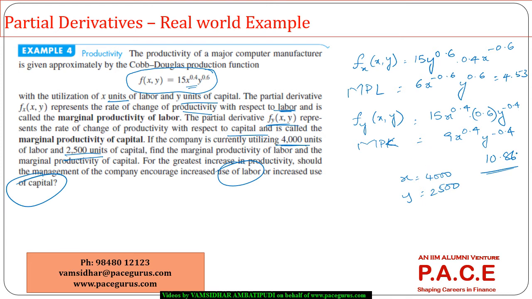What we are clearly finding is the company needs to use increased capital, because 1 unit of increase in the capital is increasing the productivity by 10.86 units, whereas 1 extra unit of labor is increasing the productivity just by around 4.53 units. So that's the way we can use the concept of partial derivatives to provide a real world solution to the problem. Right?